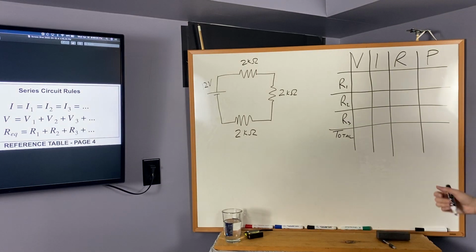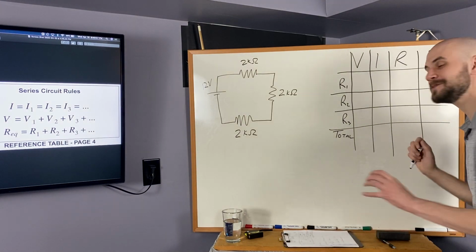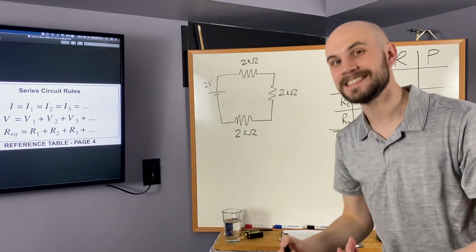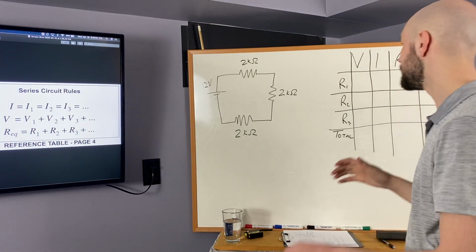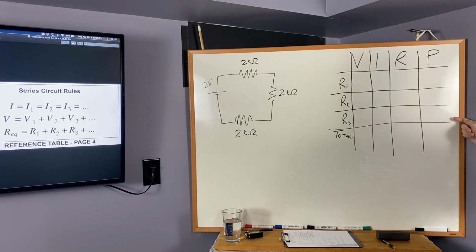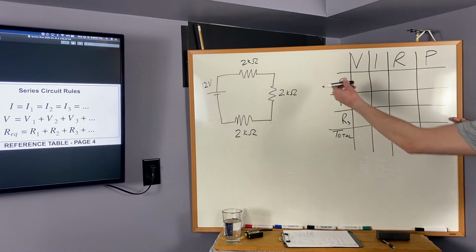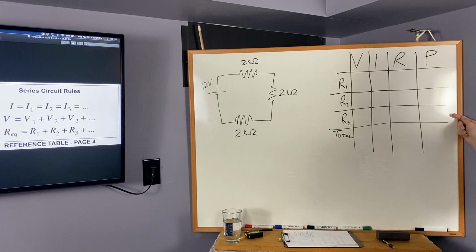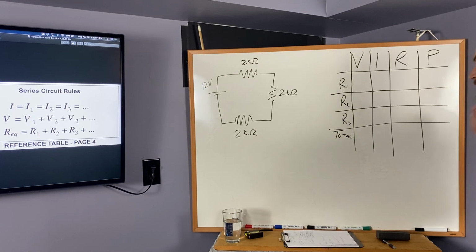So how you're always going to set up these tables for any series circuit, or really any circuit I could give you, is down the rows you just list each one of the resistors. There are 3 resistors here, so we're going to have 3 rows in our table along with a total row on the bottom. If there were 4 resistors, you would do R1, R2, R3, R4, and total. If there were 2, you do R1, R2, and then total.